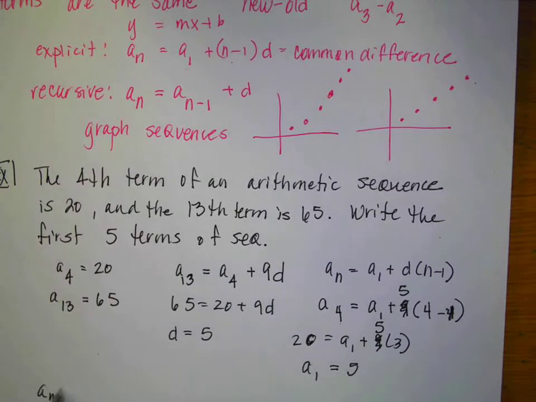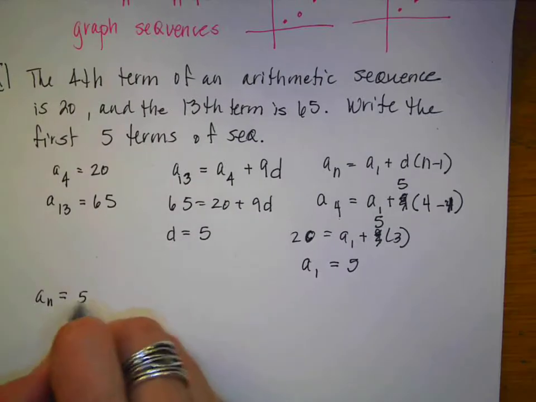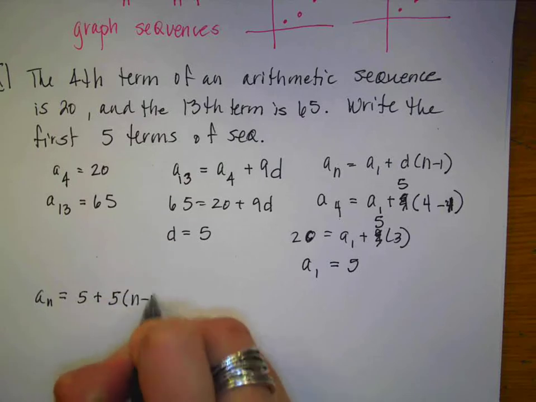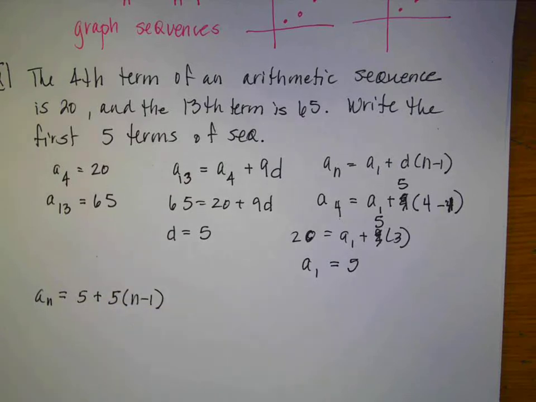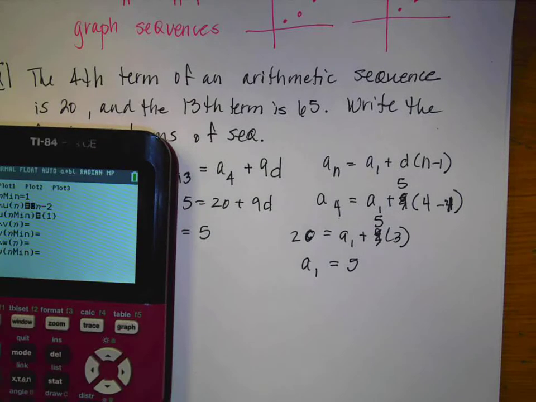Well, now I can put that handy dandy grapher equation into my grapher. So I'm going to say a sub n is equal to, let me scoot this up so you can see, my a sub 1, which is 5, plus the common difference, which is 5, times n minus 1. And I'll bring my calculator in and put that handy dandy equation in.